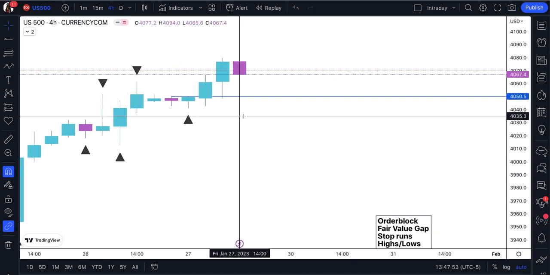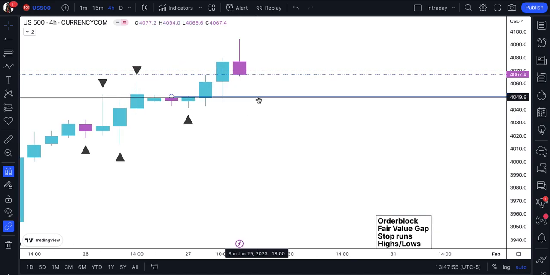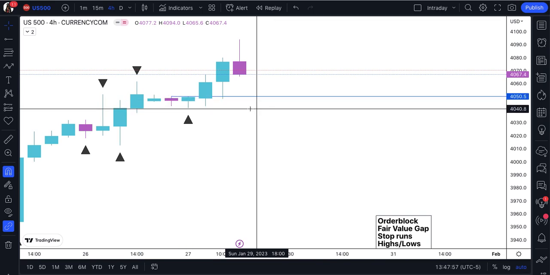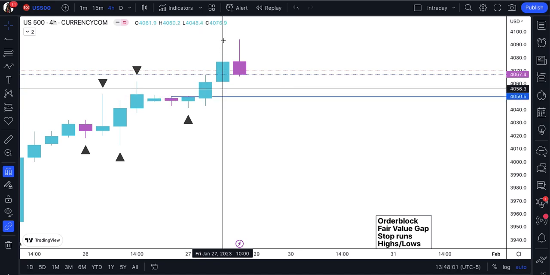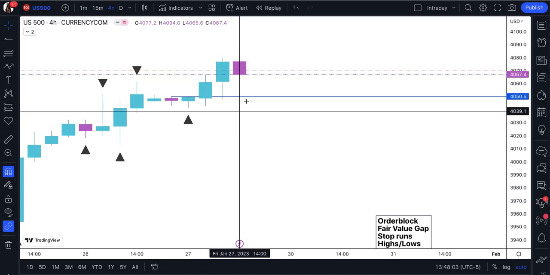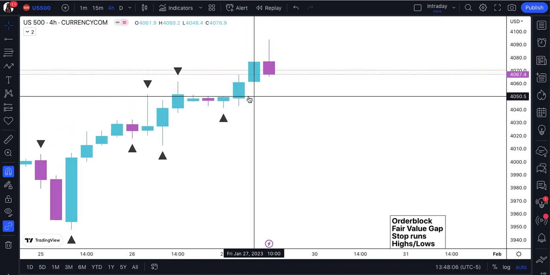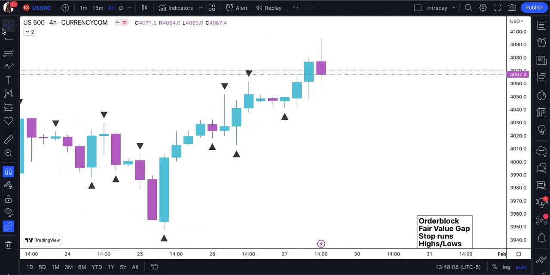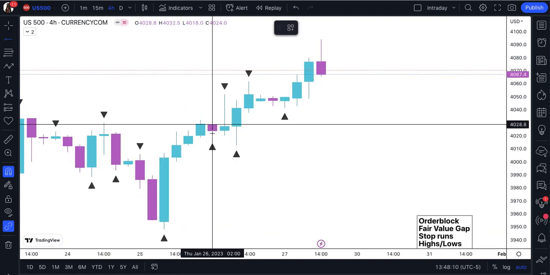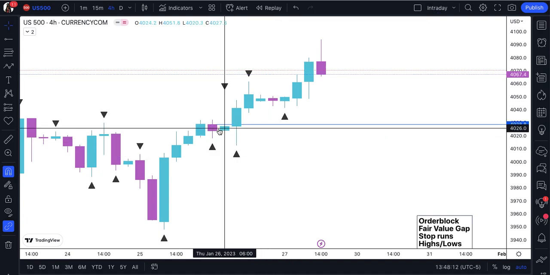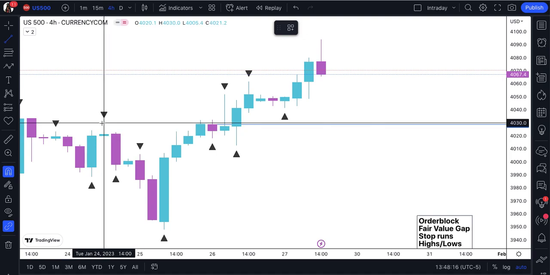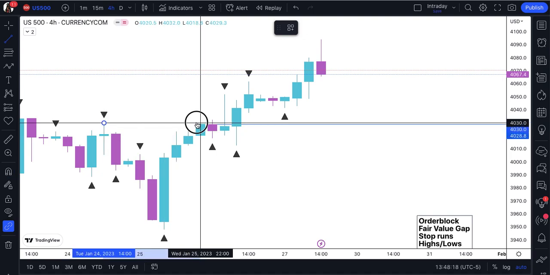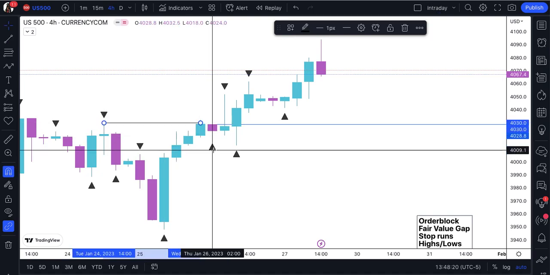All right, so back to support and resistance. This is support, and we can see it held and price shot up. Let me see if I can find another order block. This order block. If I look left, for an order block to be valid, it needs to break a high or a low.